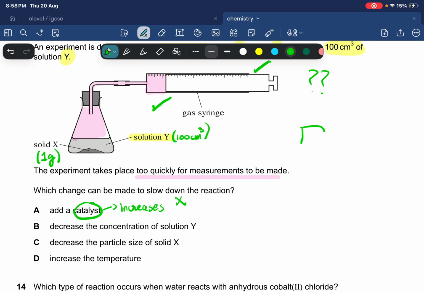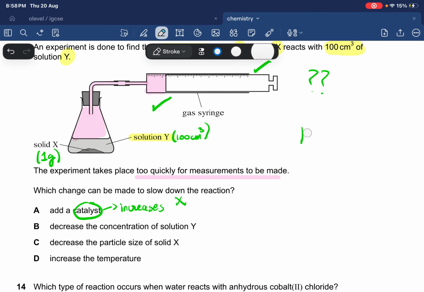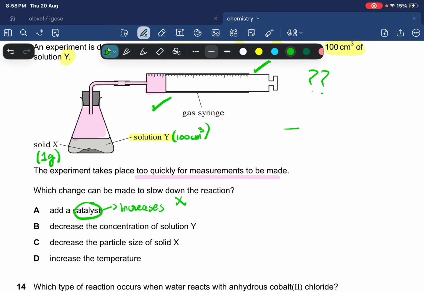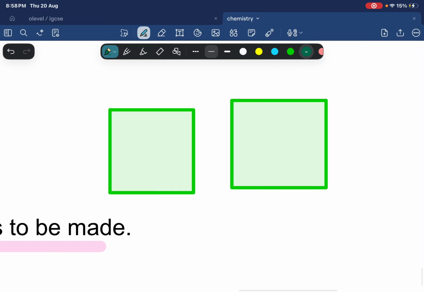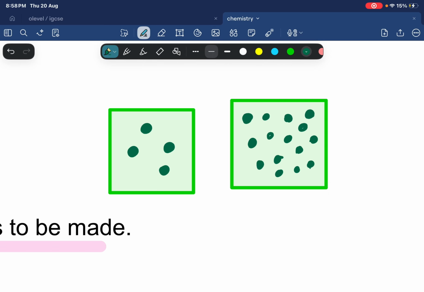Look, if I have this box here and this box here, and the first has 4 particles and the second has 16 particles, that's 4 times more particles.